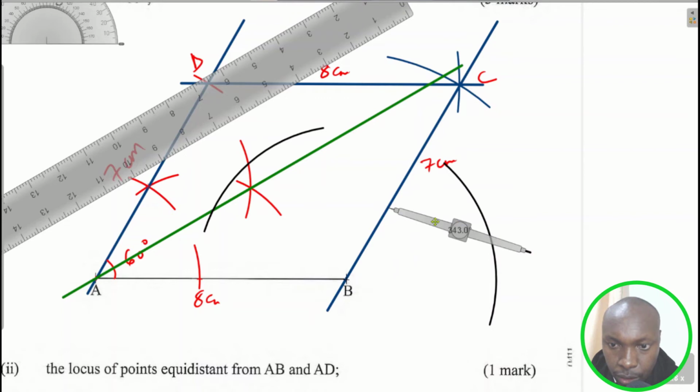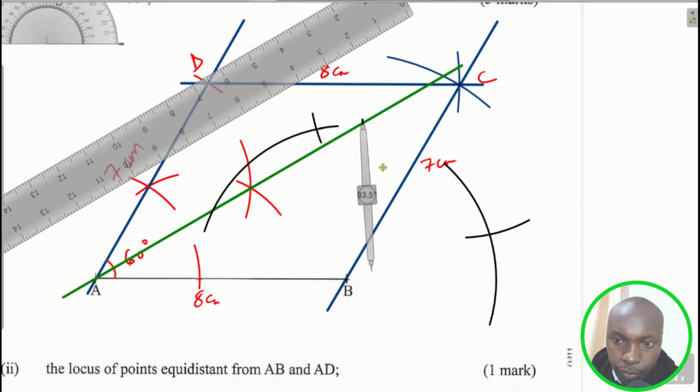Then transfer the same measurement without changing the radius. Standing at C, the same radius, which is very important, cut that arc and then cut the other arc here. I have to make this one long enough.